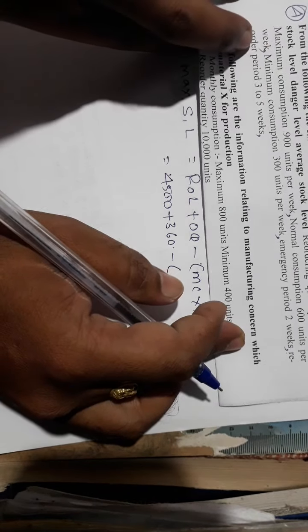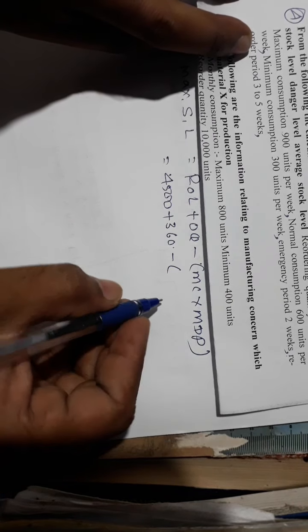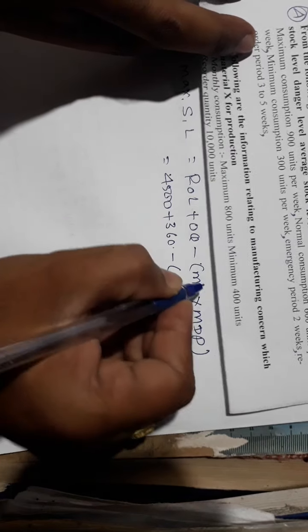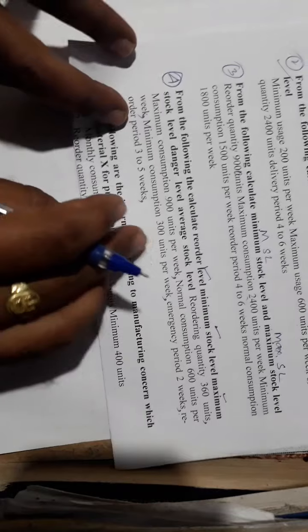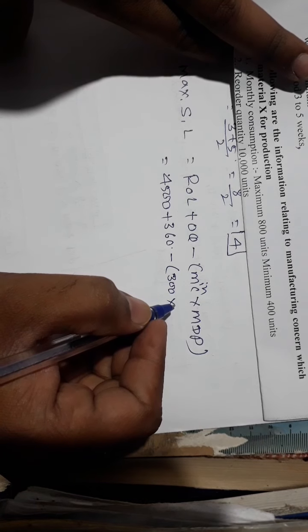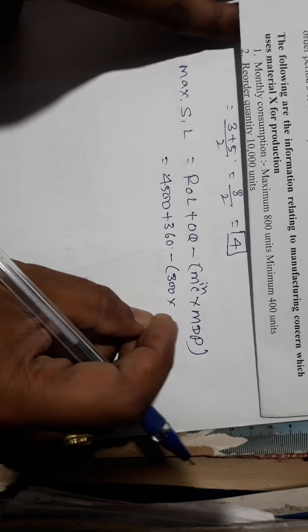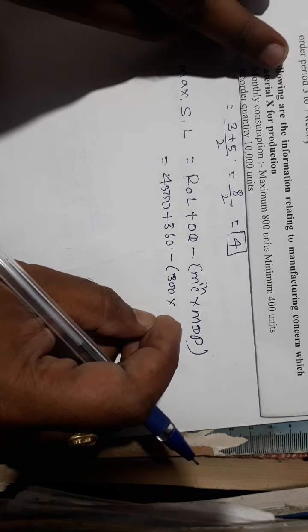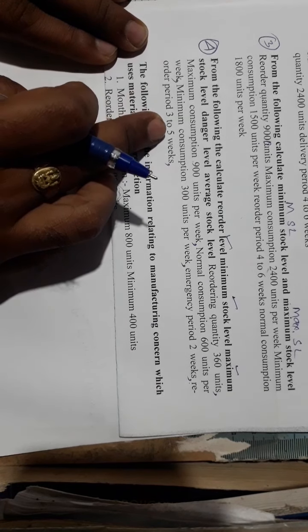MC means minimum consumption, which in the given problem is 300 units. Go with 300 into MDP. MDP is the minimum delivery period, which is given as 3 weeks; the 5 is the maximum.